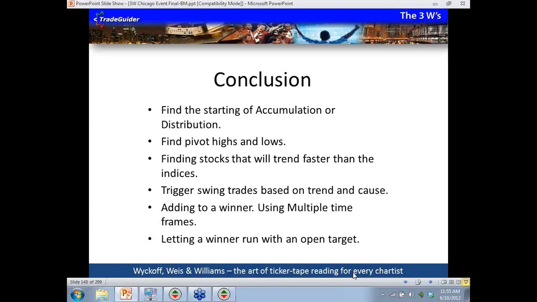This will help you add to your winner using multiple time frames as well. You've got the probing of the springs and upthrust. You have the trend that just crossed over, and as soon as it goes up above that accumulation and pulls back and starts testing, you can take tests in a rising market.